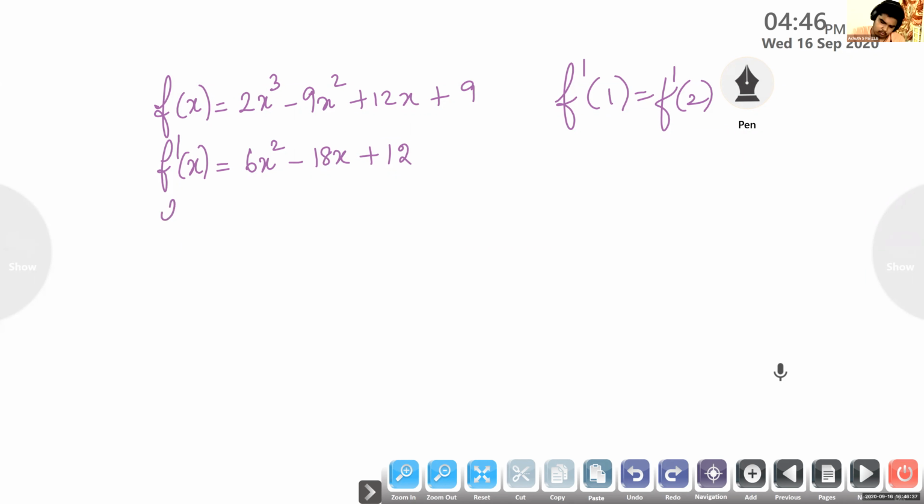Then find out f dash of 1 and f dash of 2 and check whether they are the same.